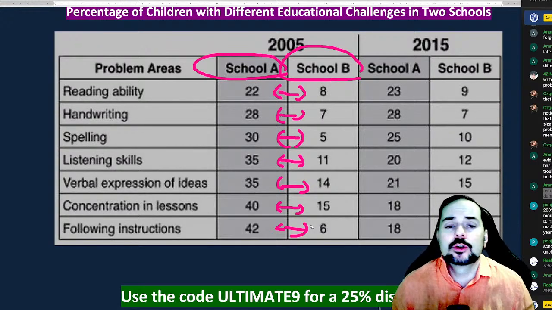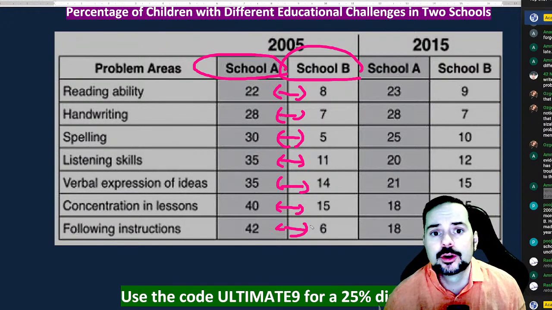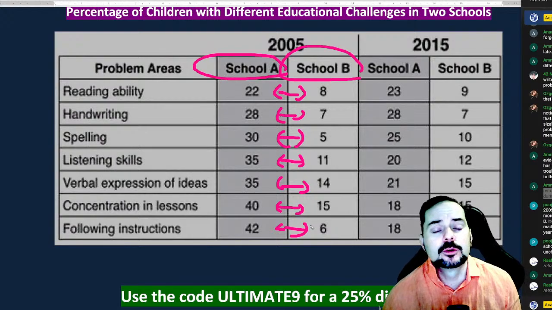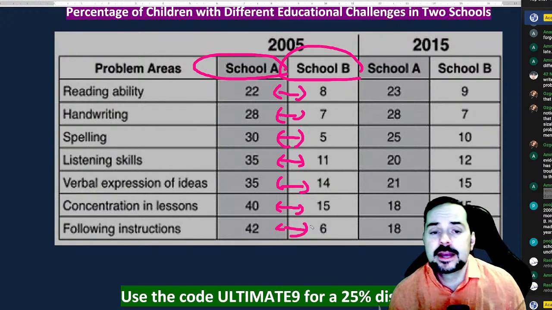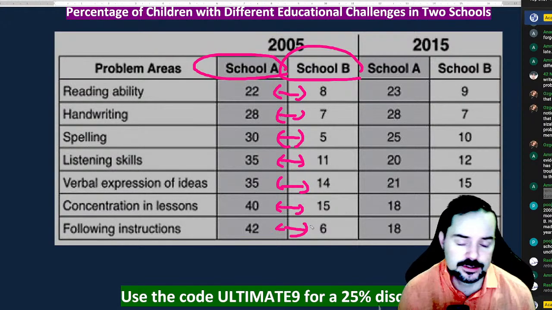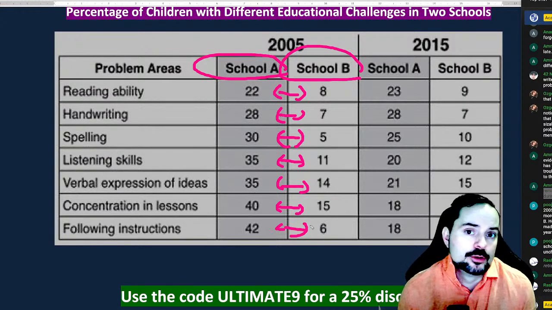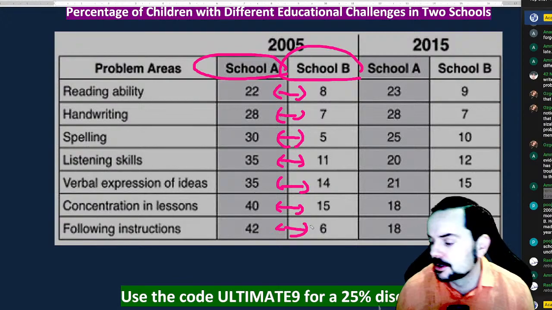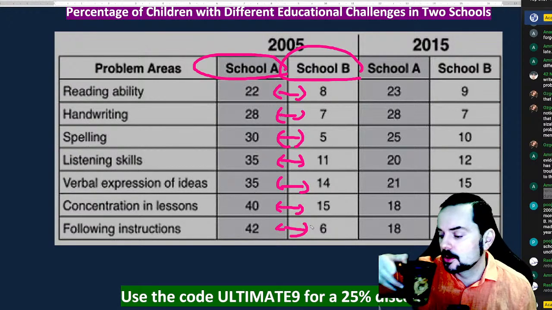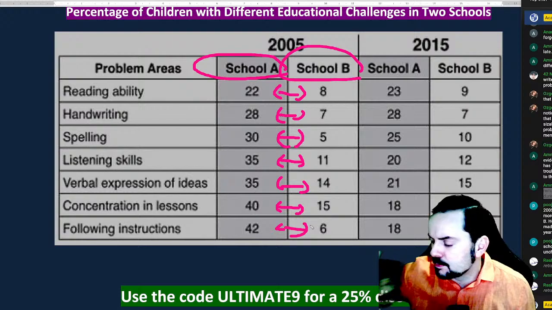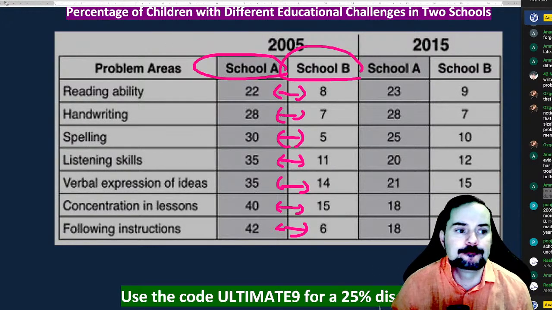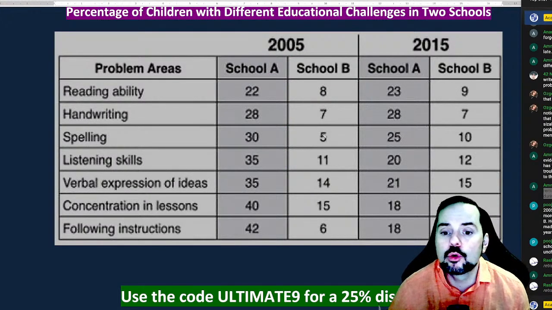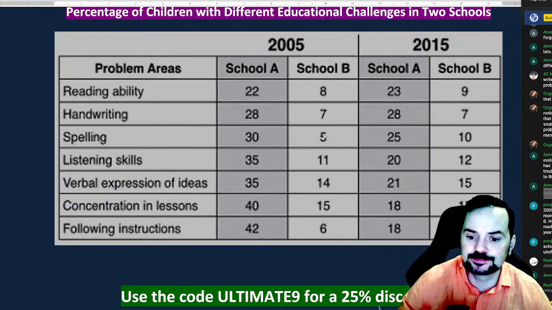And that's why the question, task 1, always says report the main features and make comparisons where relevant. So it doesn't say compare all the points given to you by the table or the chart, right? So you don't need to do that. All right, so let's take a look at the most important comparisons.